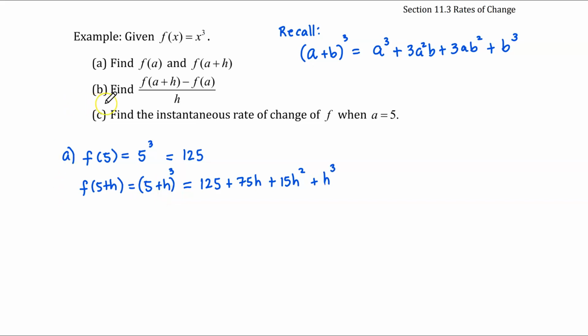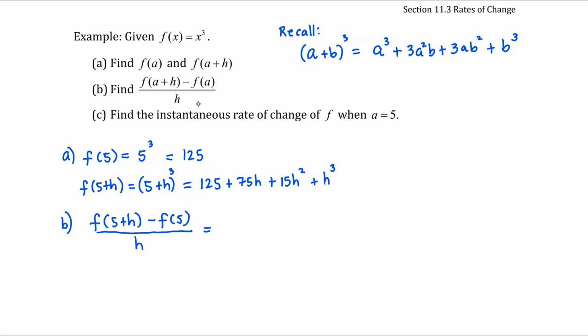Then find this difference quotient here. Letter B, you want to find f of 5 plus h minus f of 5, because a is equal to 5, divided by h.